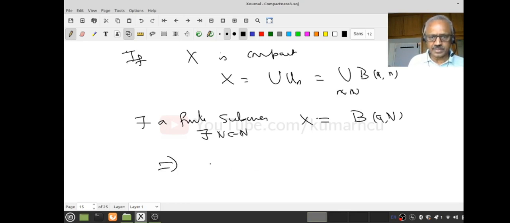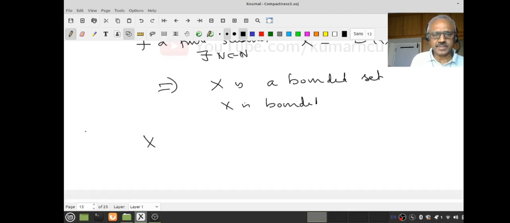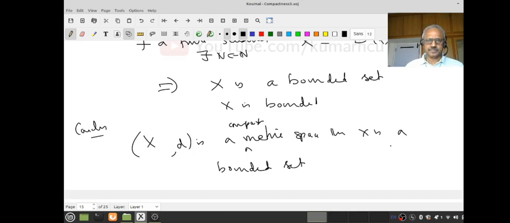So this in particular means X is a bounded set. Or simply say X is bounded. So what have we concluded? Conclusion: if (X,d) is a compact metric space, then X is a bounded subset of X, or X is bounded.